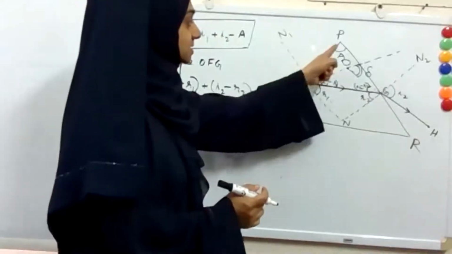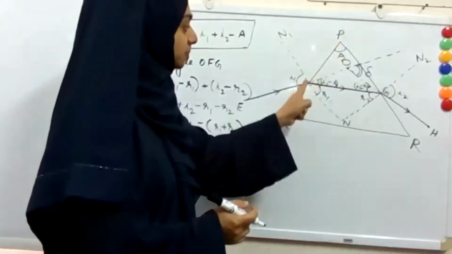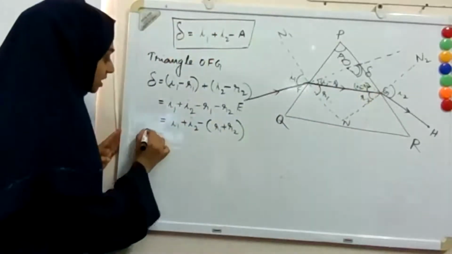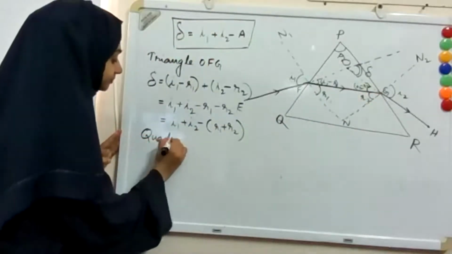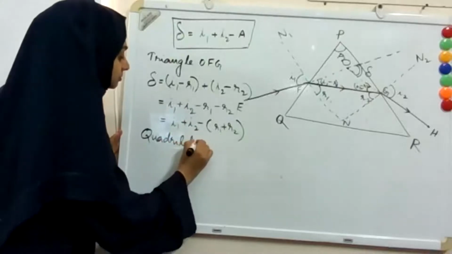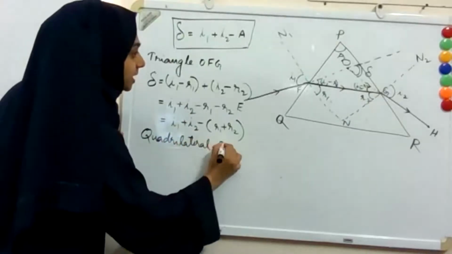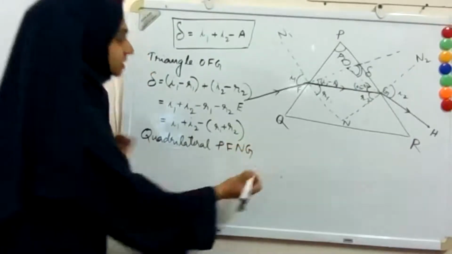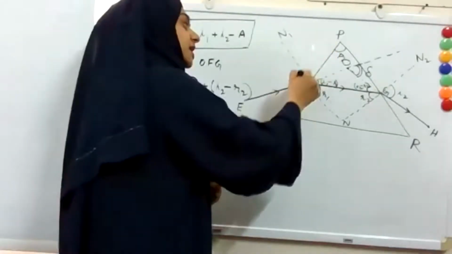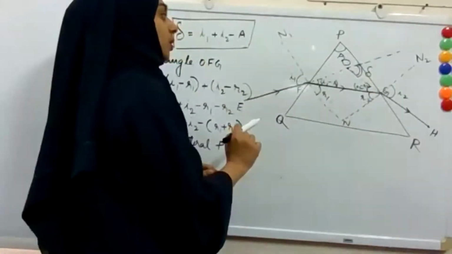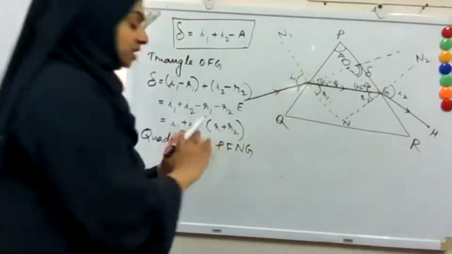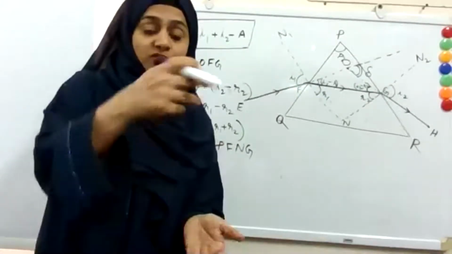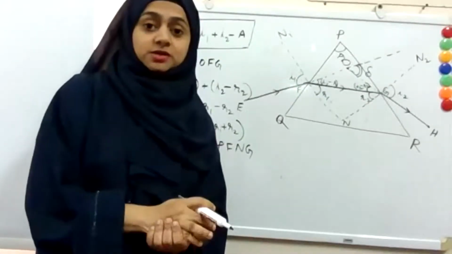For that, consider the quadrilateral PFNG, with points P, F and G. So what is the sum of all the angles inside a quadrilateral?